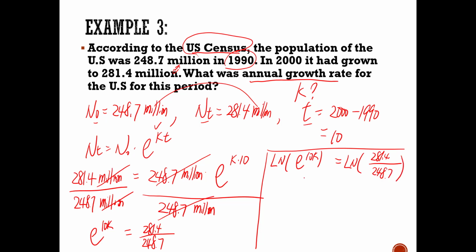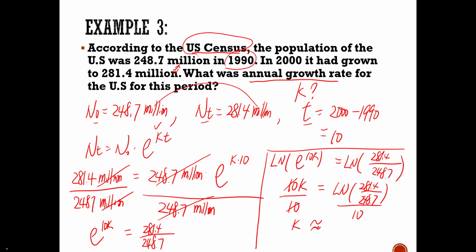So ln and e offset each other, so we end up with 10K equals ln of 281.4 over 248.7. And then after that, we divide by 10 on both sides of the equation, we get K. So K is by itself. And let's see what K is.